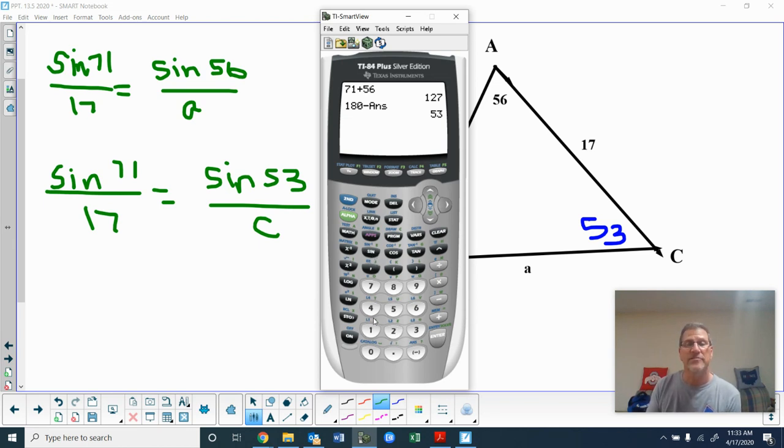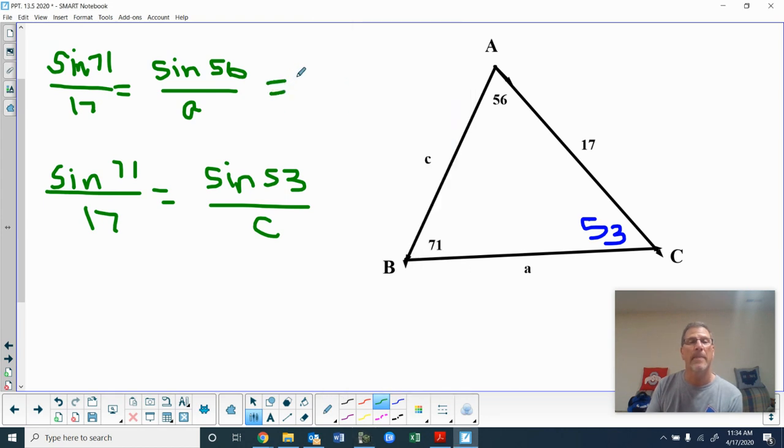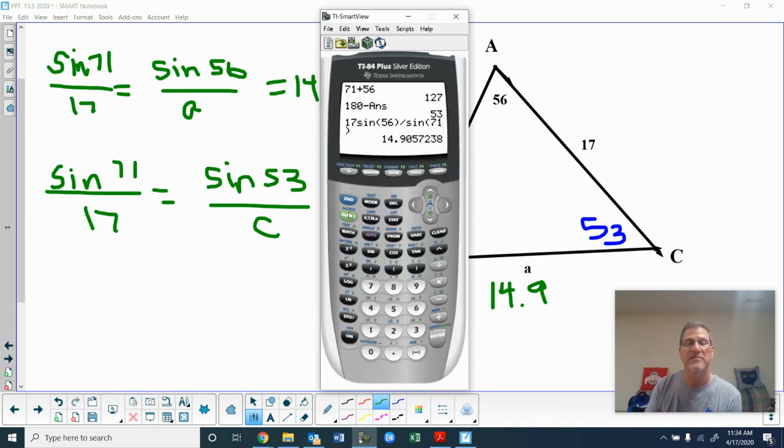All right, so 17 sine 56, close it up, divided by sine 71, close it up. 14.90, so 14.9 for side A. All right, and the other one, hit second enter, and I'll pop that stuff up.